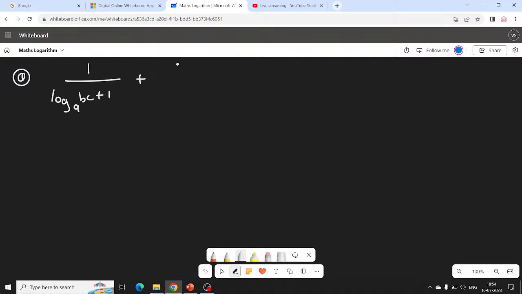Second term: 1 divided by log CA, base B, plus 1. Next, 1 divided by log AB, base C, plus 1. Tell me the answer for this.